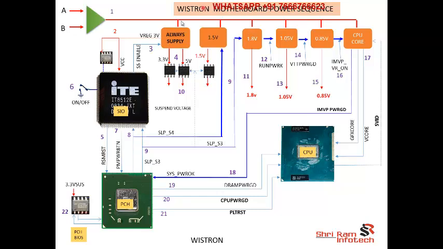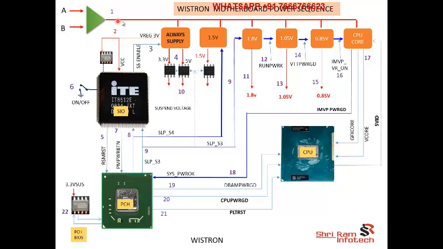Okay. So here are the same components: CPU, then PCH, then SIO, then PCH BIOS, and then EC BIOS. And here are my different pulse width modulators. And these are my adapter input and my battery input. Two inputs are there.